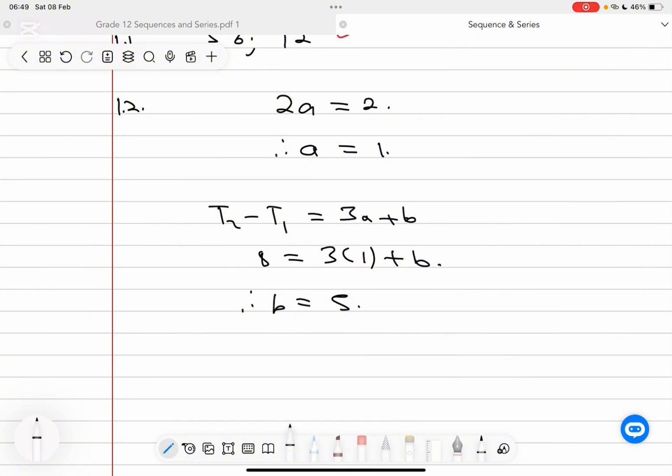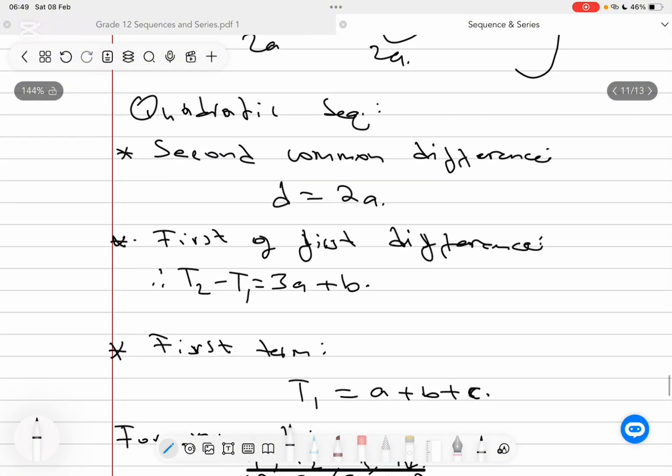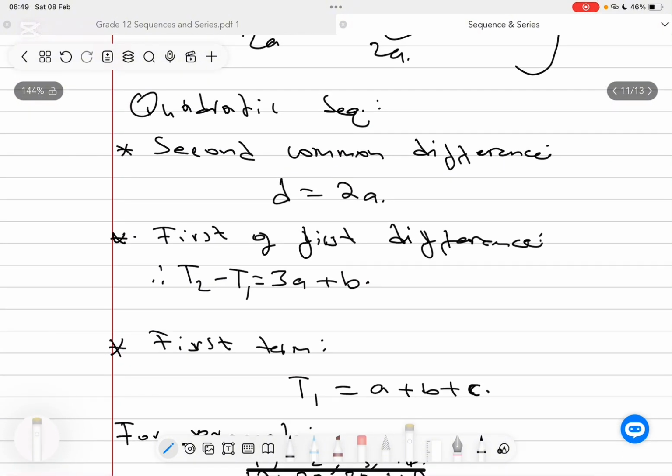Now we also said that term 1 of a quadratic sequence will always be defined by a plus b plus c. That is another property that we spoke about when we looked at the properties of a quadratic sequence. In fact, it's the third property, following the first property and the second property.